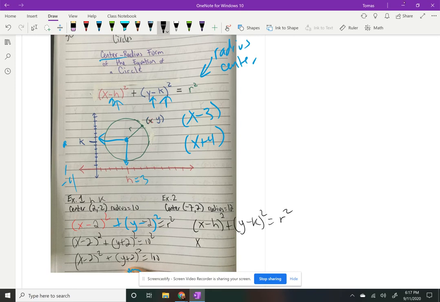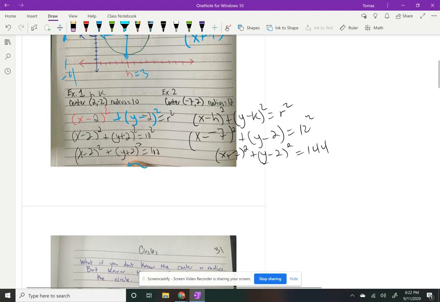So that means this would be minus negative 7 squared, minus 2, and then 12 squared. So then we would have x plus 7 squared plus y minus 2 squared equals 144. That's it.